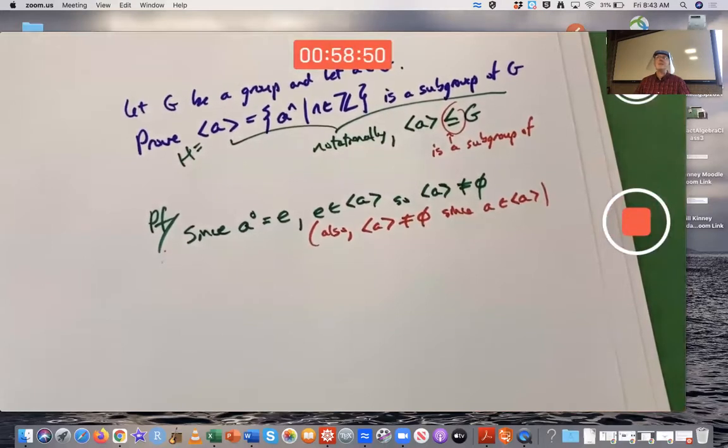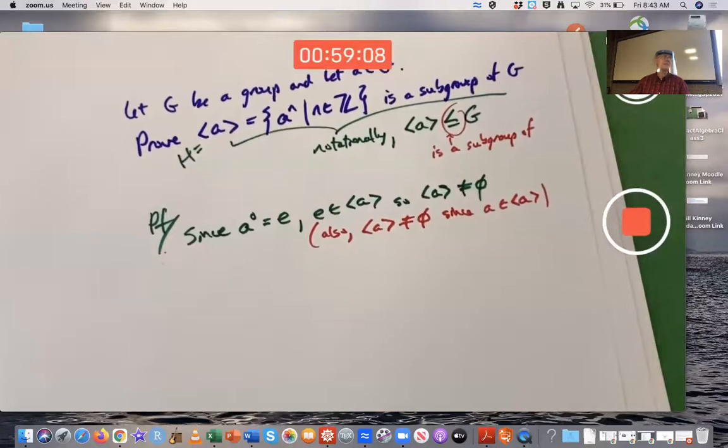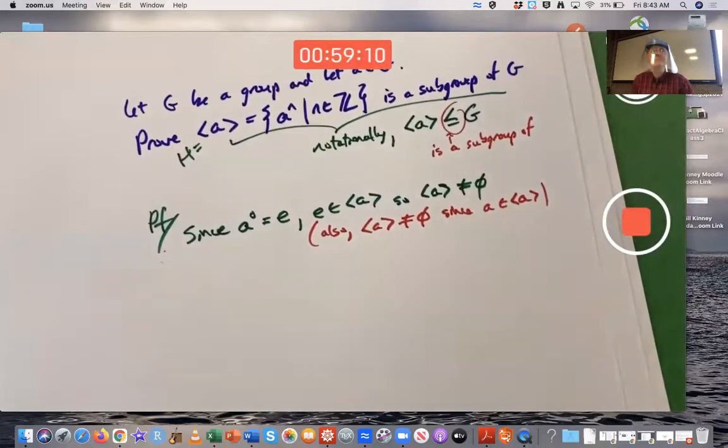When you use this two-step subgroup test, or the one-step subgroup test for that matter, verify that the set is not empty. It's so obvious here, you could get away with saying obviously or clearly the set is not empty. Sometimes it's not always so clear. There are situations where it's less clear.